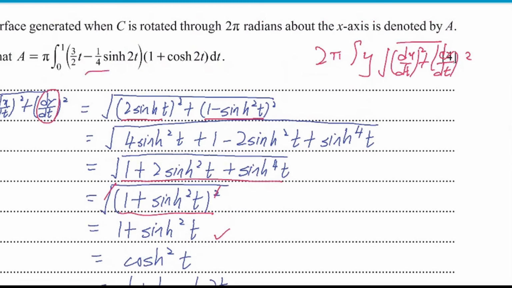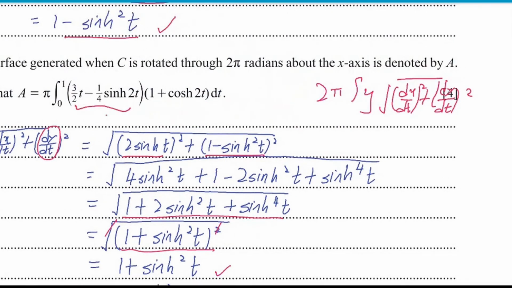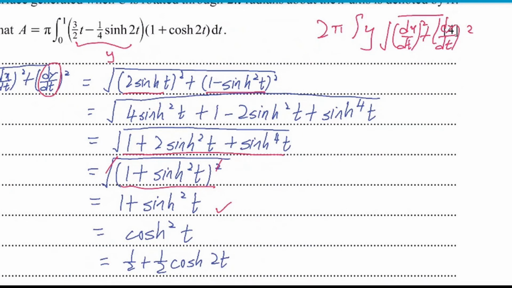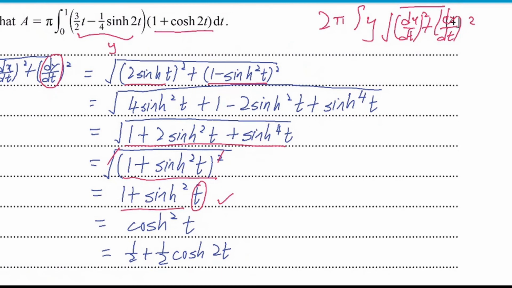But if you notice, there is no 1 plus sinh squared there, because obviously this is our y. The 1 plus sinh squared has been changed to the form of 2t. So instead of t, it has changed to 2t. 1 plus sinh squared, we know that it is actually cosh squared.